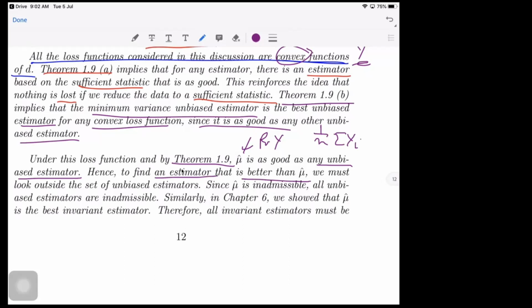Or biased? So if we look for any other estimator better than mu hat, we must look outside the set of unbiased estimators. So we will expect that this mu hat in James-Stein will be a biased estimator.